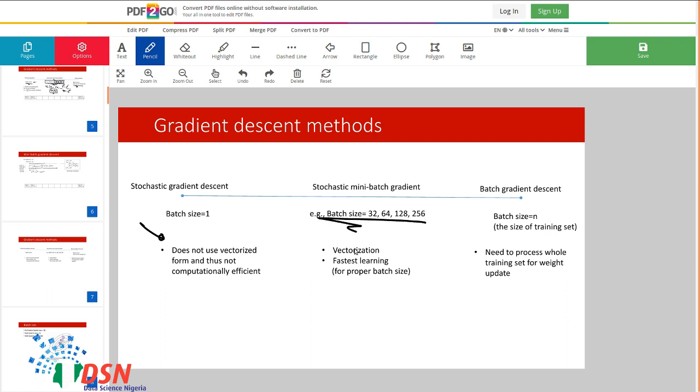Batch size 1 is what we call stochastic gradient descent, and batch gradient descent is when we have batch size equal to n. Between them we have good vectorization. We could vectorize the calculation, and we have fast learning with a proper batch size.